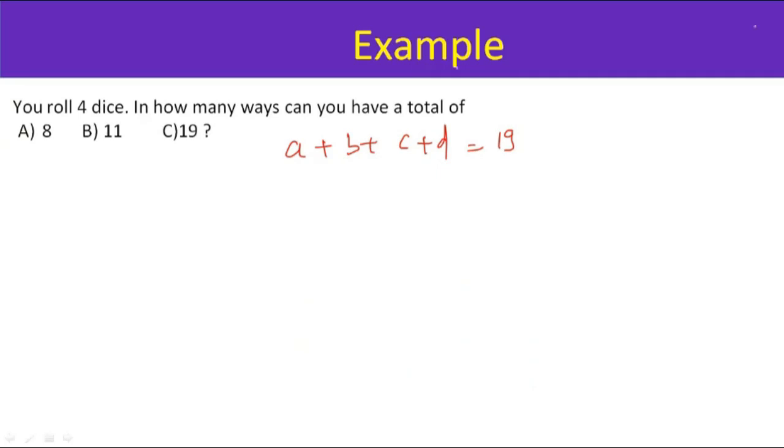24. So the maximum is 24. A plus B plus C plus D can be 24. So now can I write this question again? From 24, I just have to subtract 5 now, right?